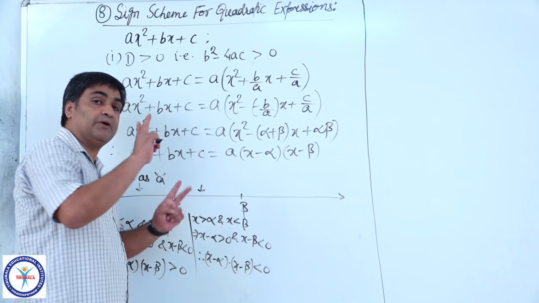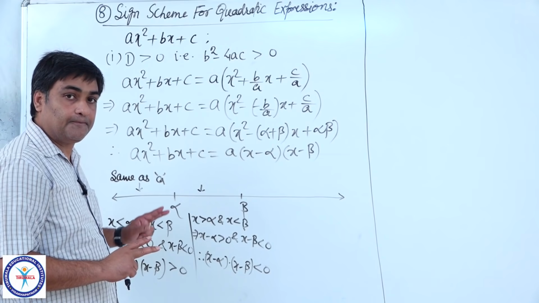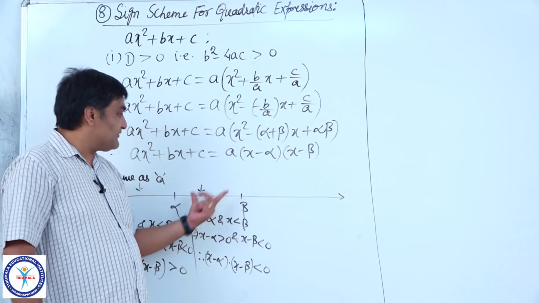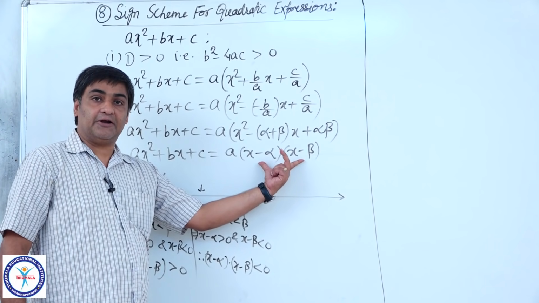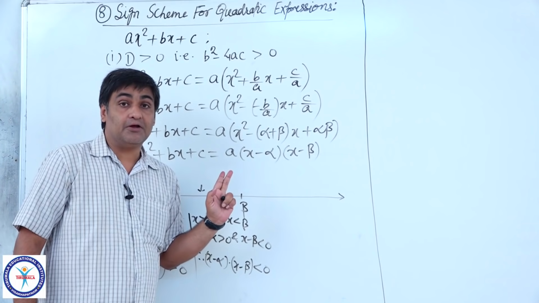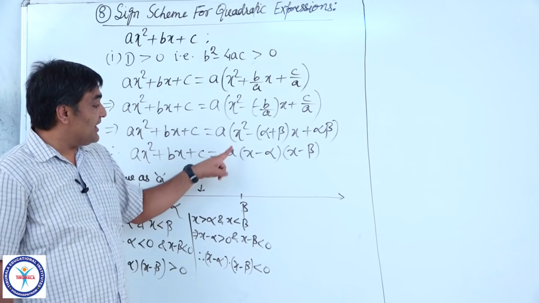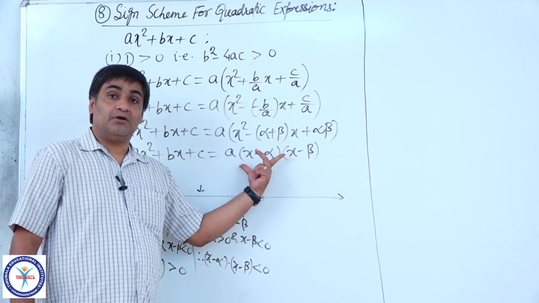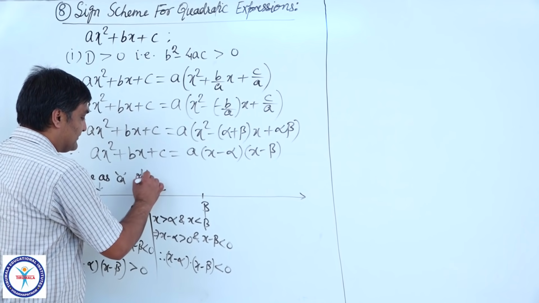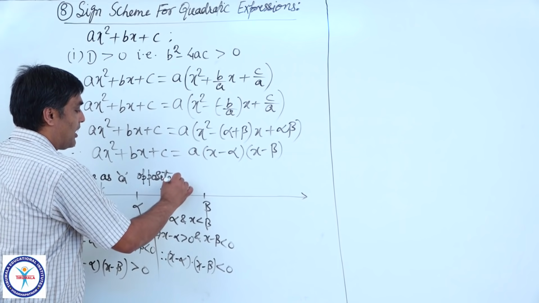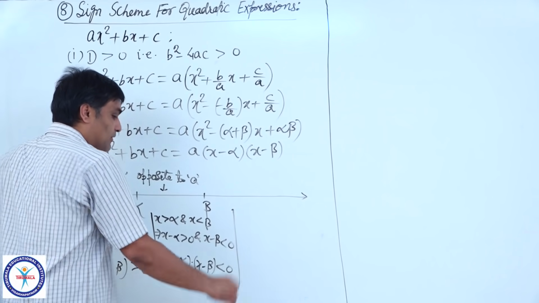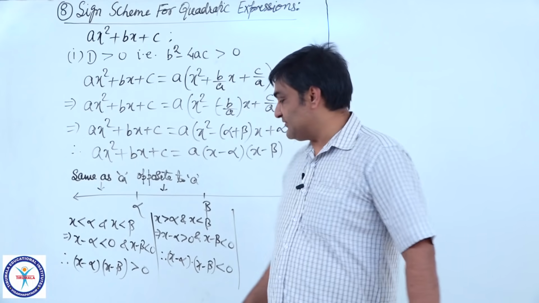We are multiplying one positive and one negative number. Their product will be negative. Now, in this case, this is negative. If A is negative, then sign will be positive. If A is positive, sign will be negative. So, in this region, the sign is opposite to A.